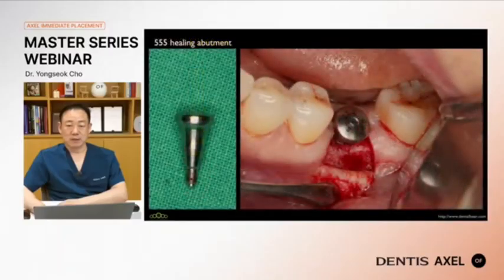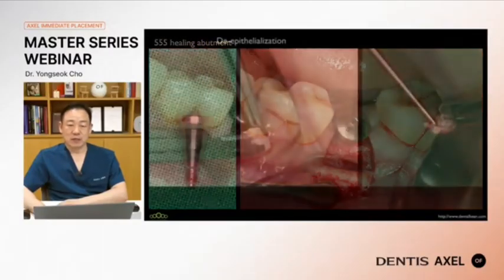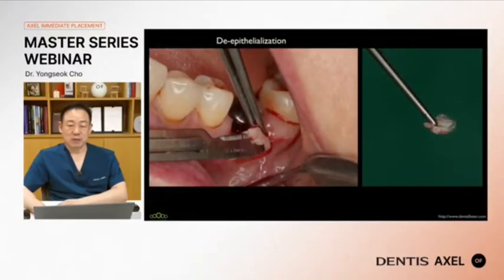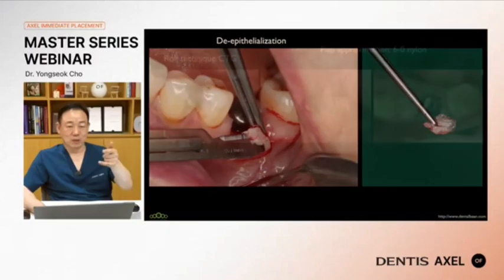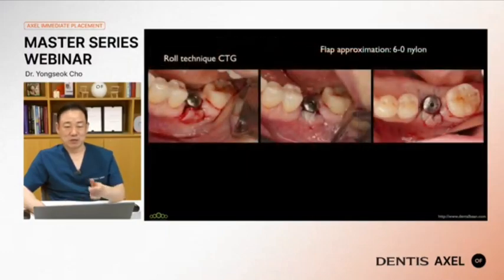And I connected the healing abutment. And I tried a very simple roll technique CTG. I de-epithelialized the extra tissue which occupied the space of the healing abutment and rolled the buccal flap and increased the volume of buccal tissue.